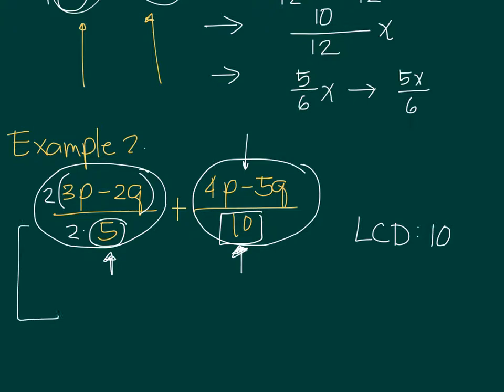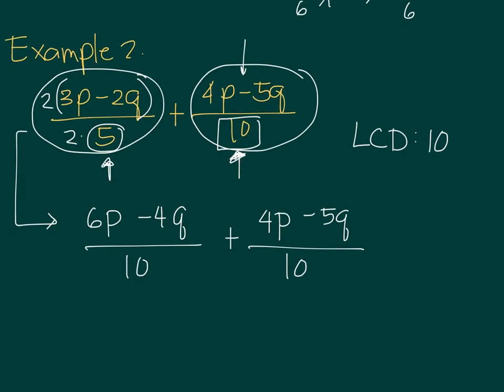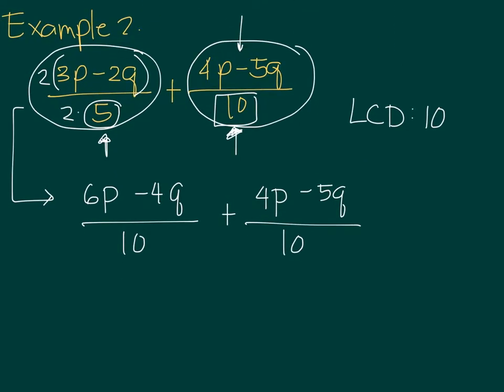So this will become 6p by the distributive law, 6p minus 4q now over 10, plus 4p minus 5q over 10. And addition of algebraic fractions is just the same as addition of simple fractions.